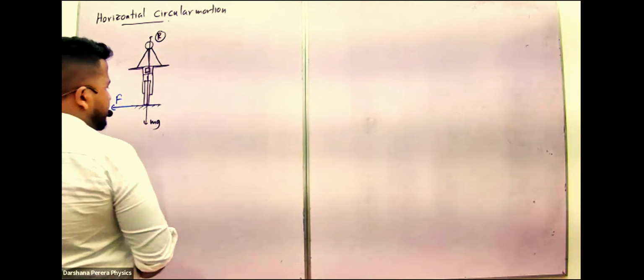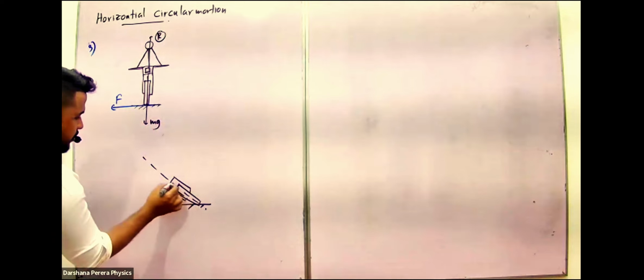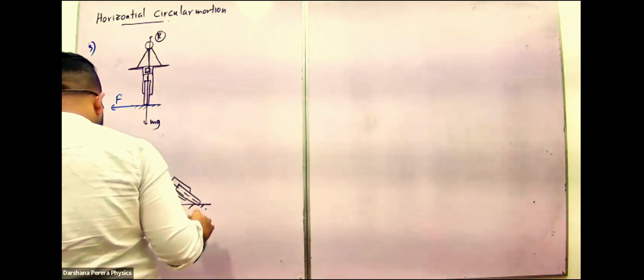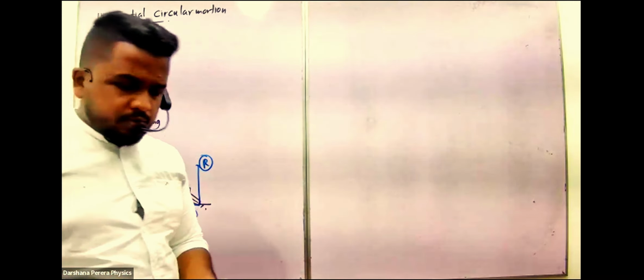So when we take the bend, we have to angle it to the direction of the bend like this. Why like that? There is a lean angle.